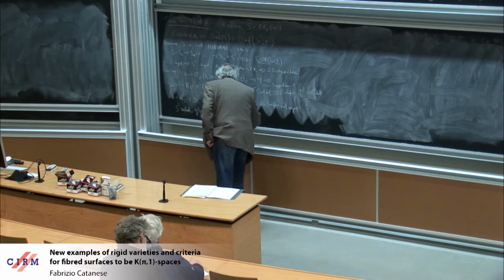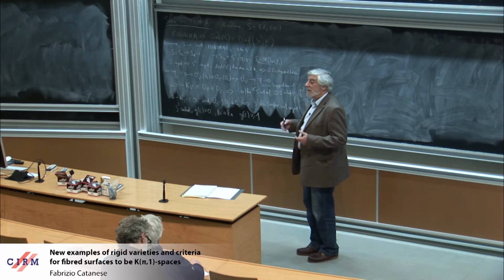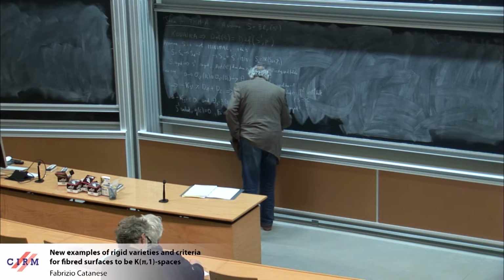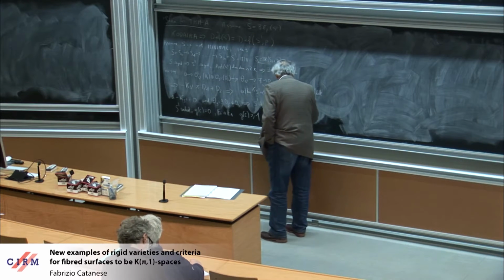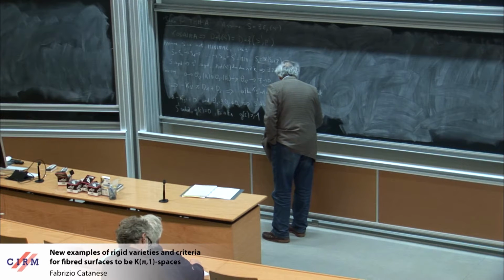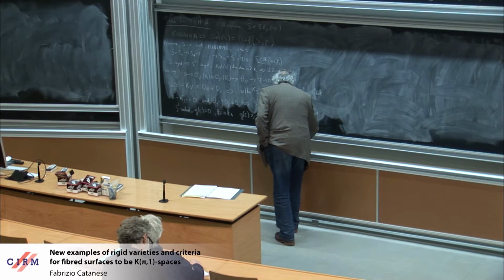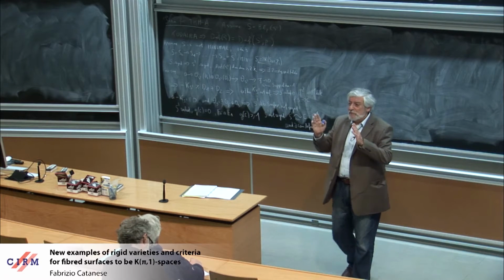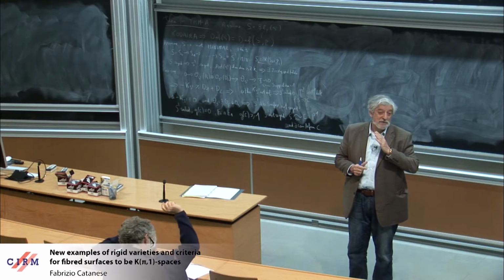Now, if the genus of C is at least 1, then I claim that S prime is not rigid, because S prime is birational to C times P1, and I can deform C. What you do is start with the product, and then you perform so-called elementary transformations.